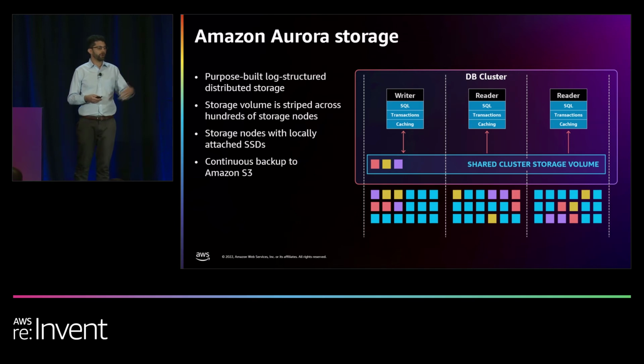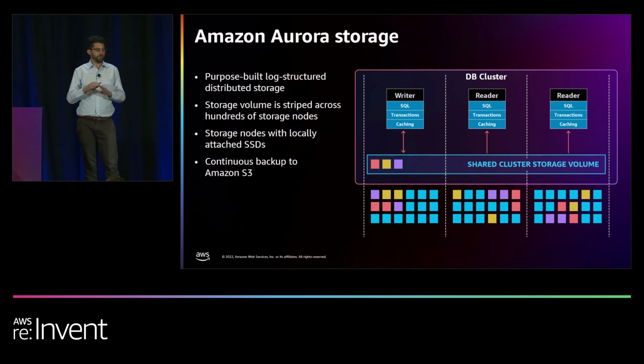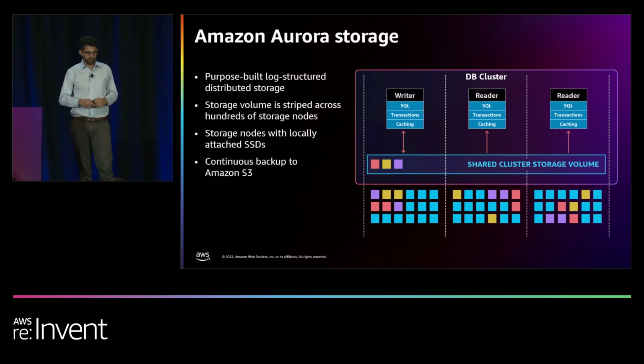When a write comes into your Aurora database, we write that efficiently to 6 copies within an Aurora storage cluster. We don't wait for all 6 storage nodes to come back with an ACK. We just look for a quorum, and then we commit that transaction, and we respond back to the application.